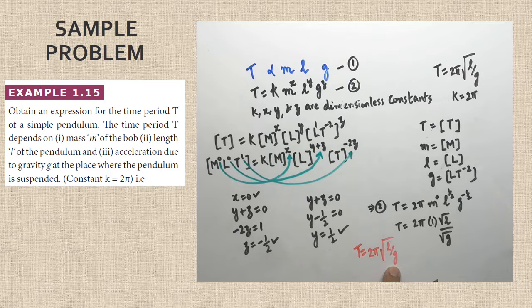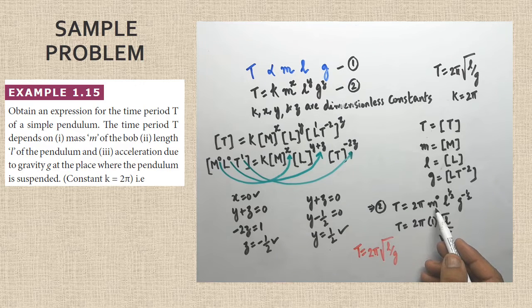Are you clear? Any doubt on this? So, the main conclusion is the time period does not depend on the mass. Time period depends only on the length of the pendulum and is inversely proportional to the square root of the acceleration due to gravity. So time period depends only on L and G, not on mass.